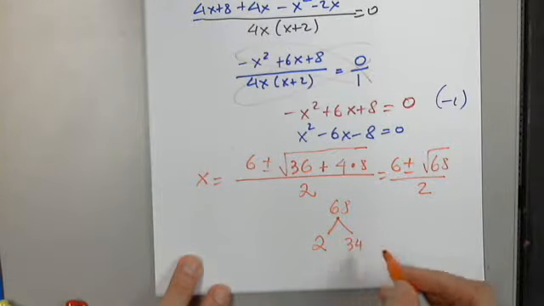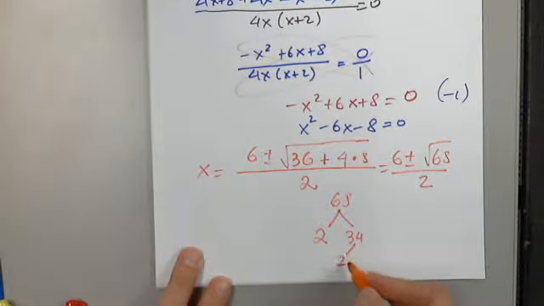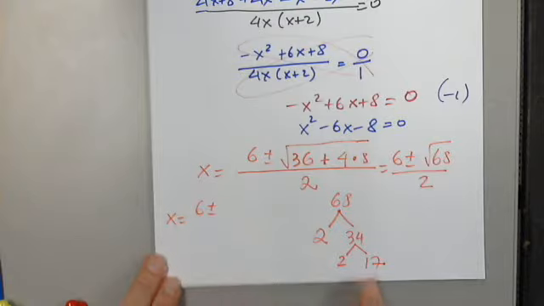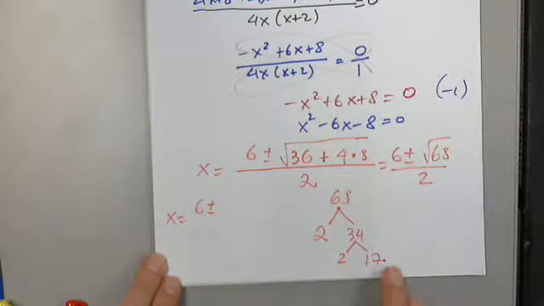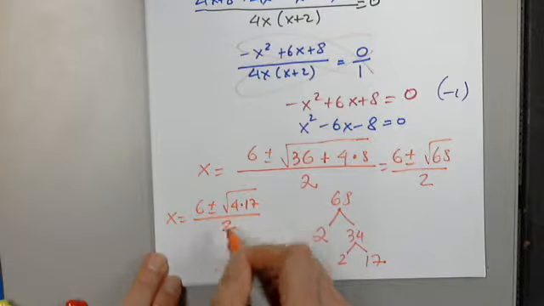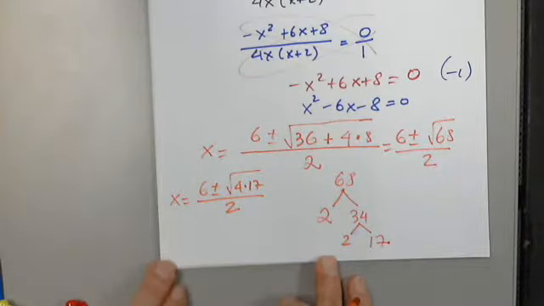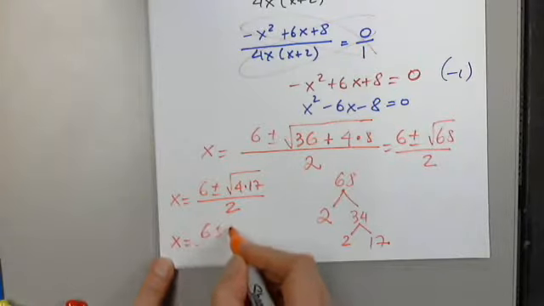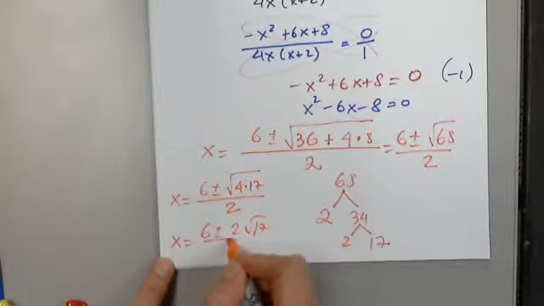Then I get 34. It's still an even number. I have to continue with 2, and I get 17. So therefore, x equals 6 plus or minus the square root of 4 times the square root of 17. So x is, if you want, 6 plus or minus 2 the square root of 17, divided by 2.